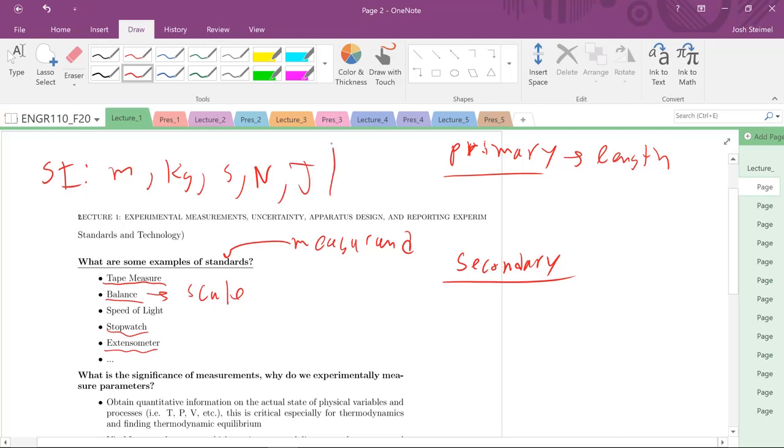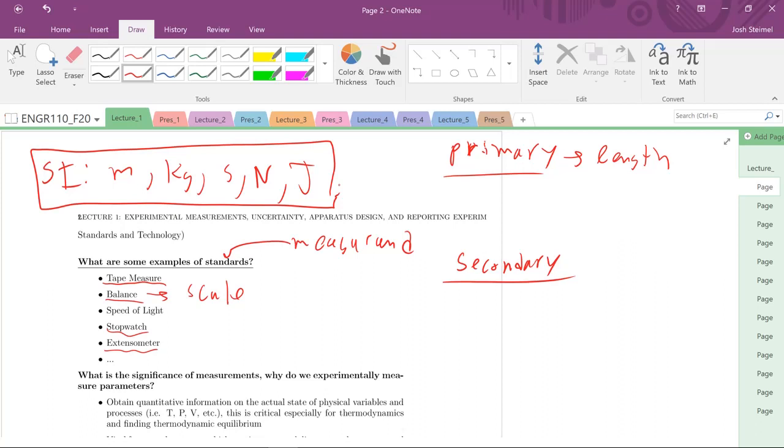So we will always be working in SI units. In this class, we will never work in non-SI units. So for the primary standard for length, we know we're going to be measuring in meters. That is going to be our unit. That is not our standard. The primary standard for length, we measure the meter relative to a very famous equation.